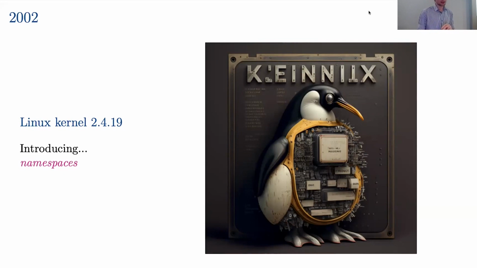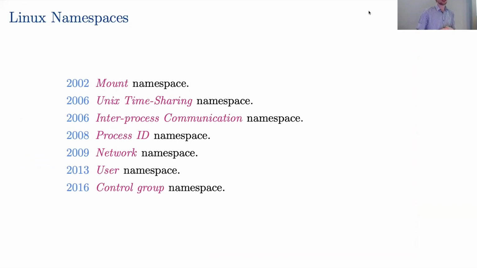Linux is composed of a whole bunch of namespaces. So in 2002, they introduced the first one, which is the mount namespace, and this works conceptually similar to chroot. We're allowed to isolate the file system with this mount namespace.